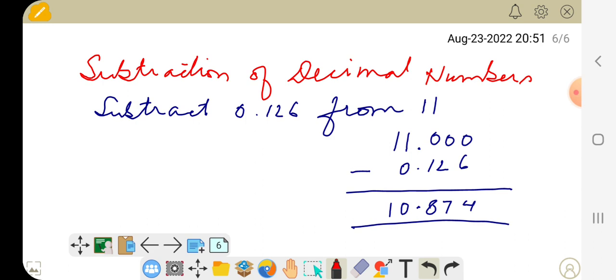Subtraction of decimal numbers: now subtract 0.126 from 11. So 11 is a whole number and 0.126 is the fractional number. When we subtract 0.126 from 11, we get 10.874.